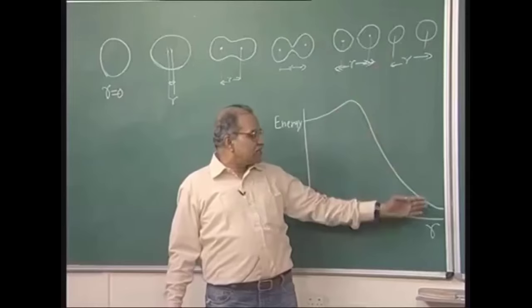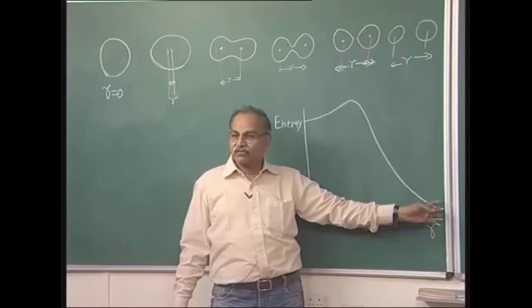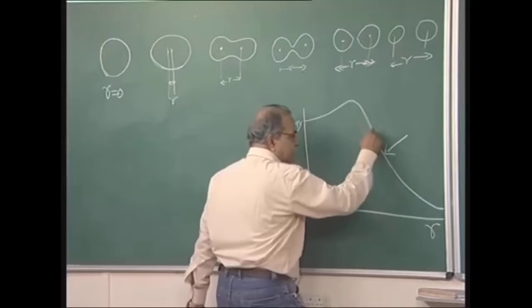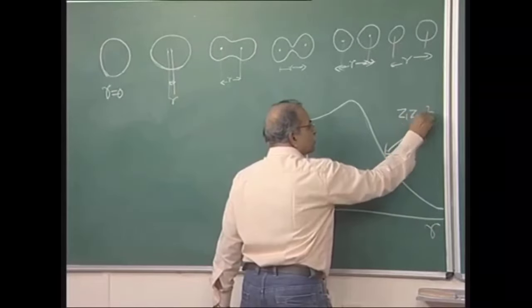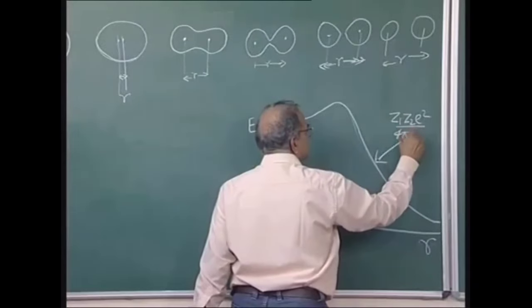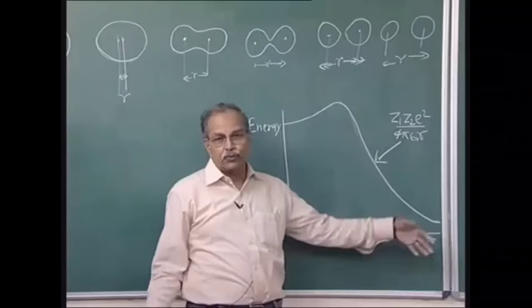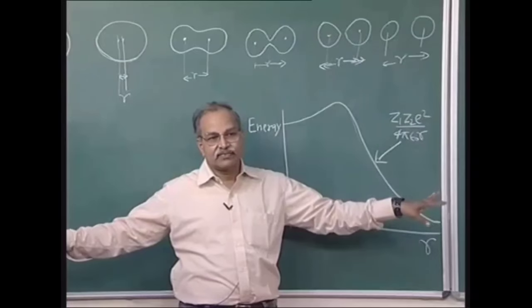Once they are well separated and the distance between these two fragments is large, there is no nuclear interaction. So, this portion here is essentially that Coulomb part Z1 Z2 e square over 4 pi epsilon naught r, and with respect to this 0, where the two fragments are very widely separated, calling that as 0.